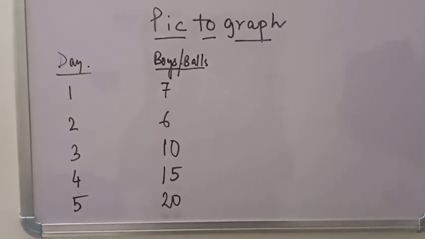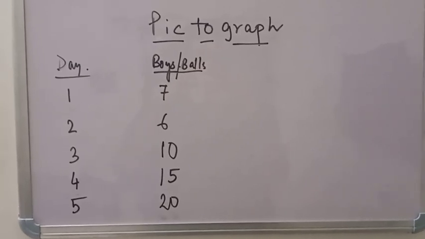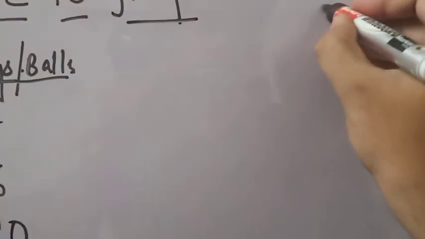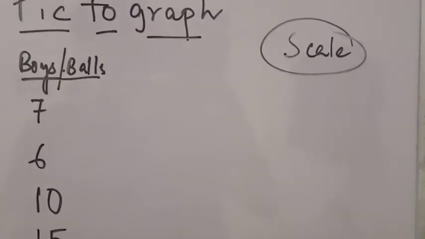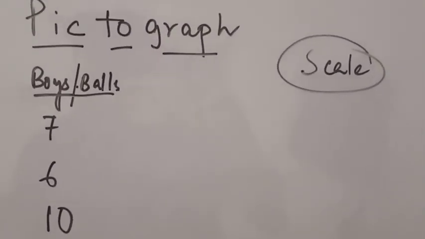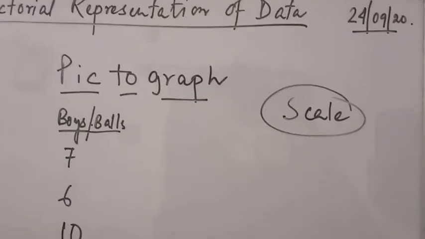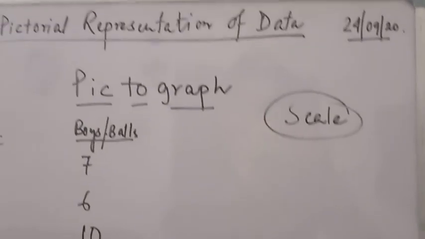Now before we start this picture, we use some scale. So what is scale? Scale means sometimes we have to draw a diagram to represent something that is much bigger than what we can draw.